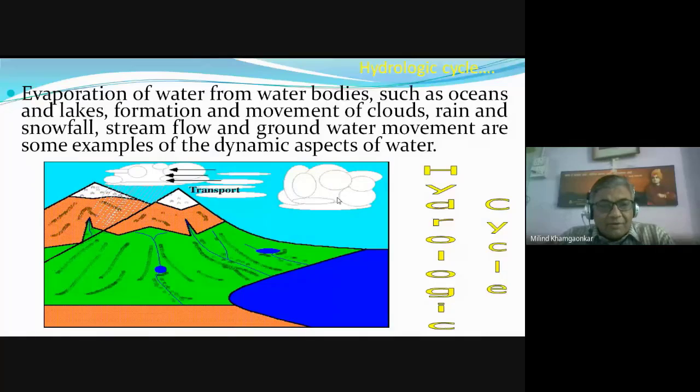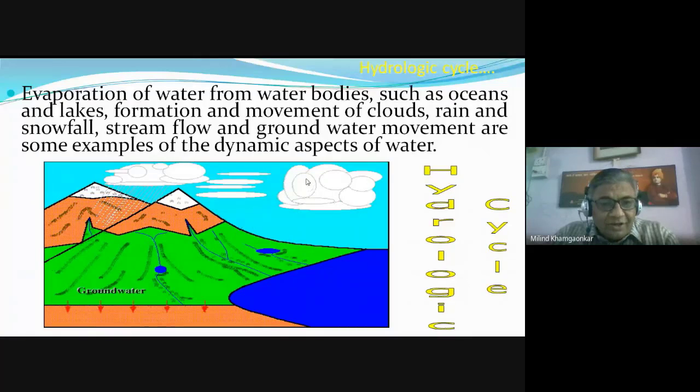these vapor particles, being very light in nature, flow with the wind, which is called the flowing air. They flow with the wind, and from the water body they reach to the land, sometimes.